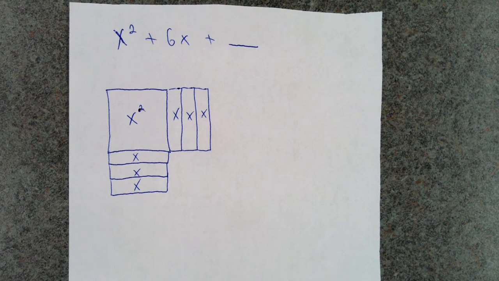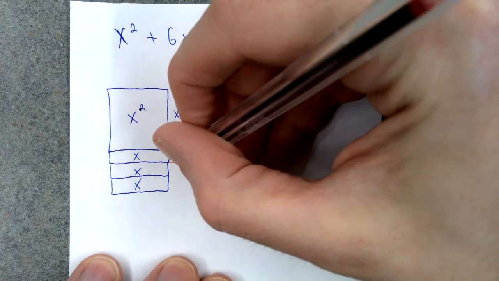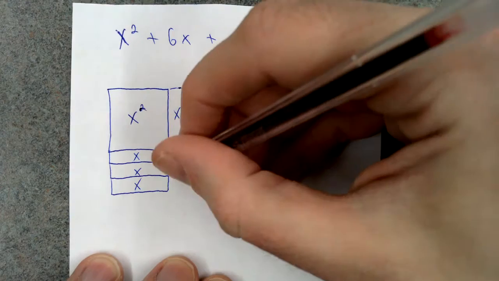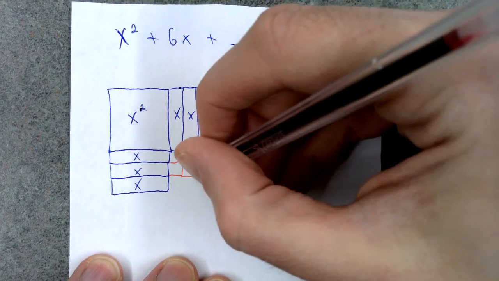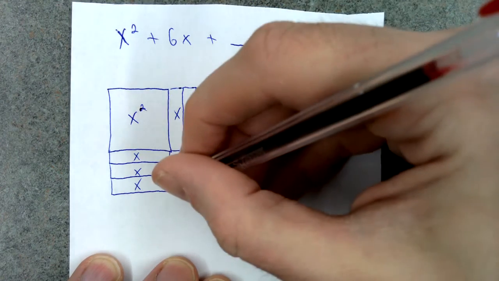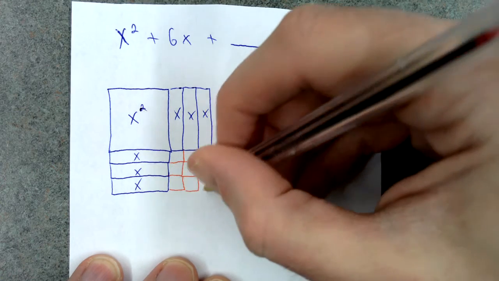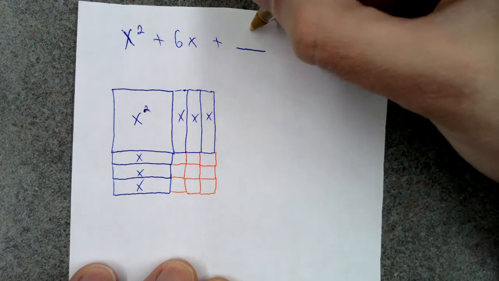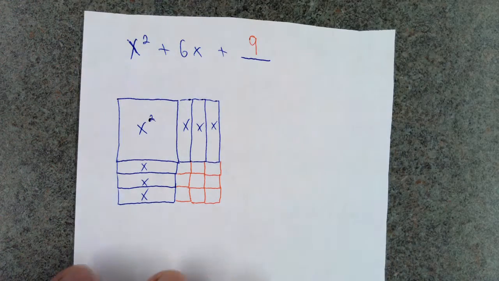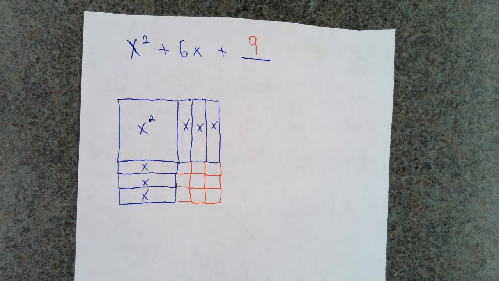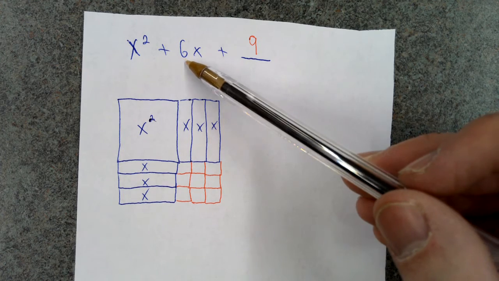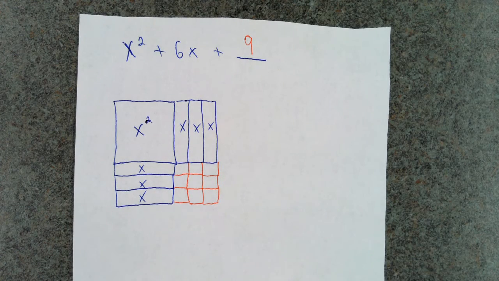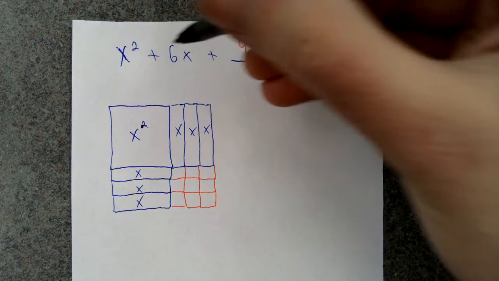Okay, let's look at it. 1, 2, 3, 4, 5, 6, 7, 8, 9. You have to add 9 to get a perfect square. You get that number 9 algebraically by taking this number right here, in this case 6.